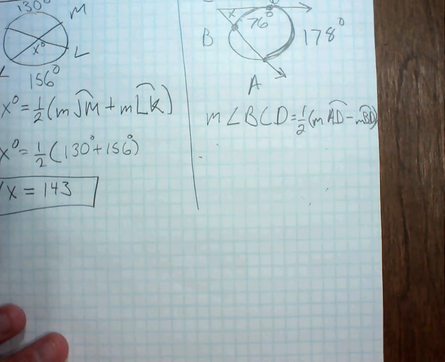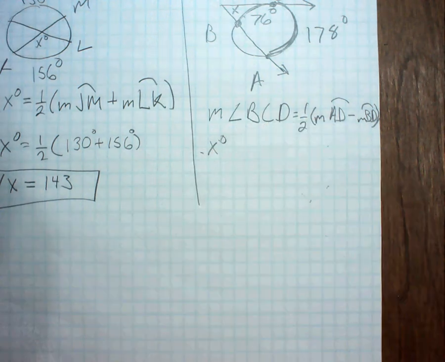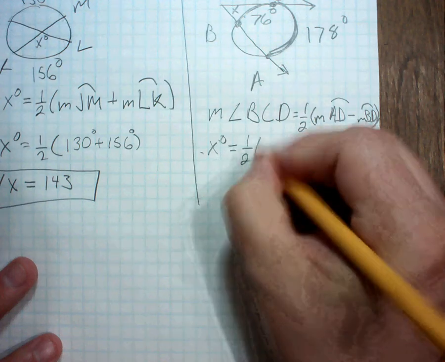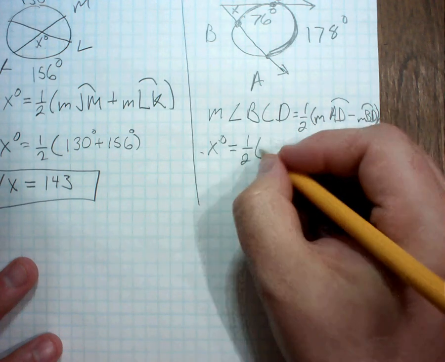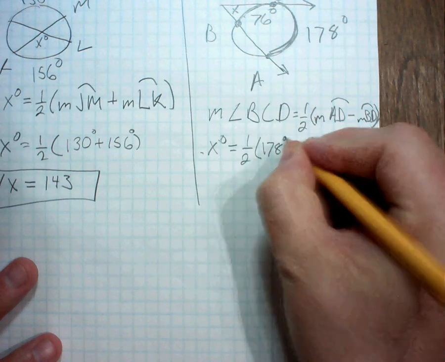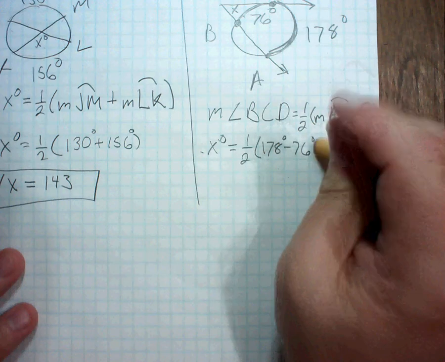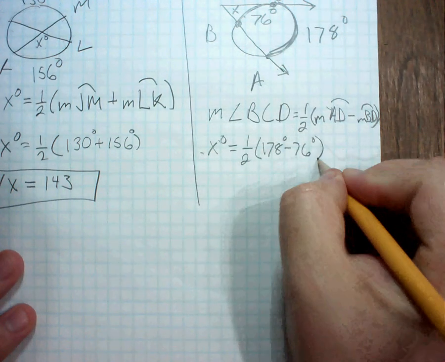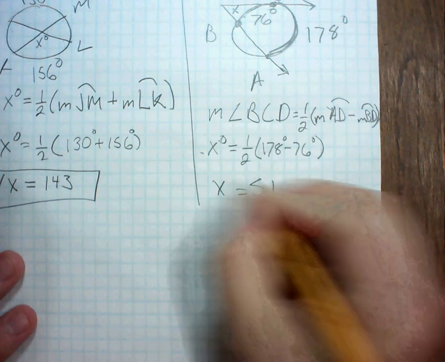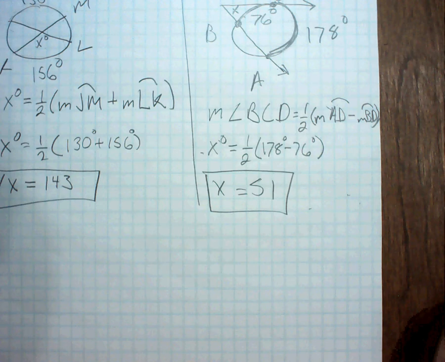Okay? So then that would mean that X degrees is equal to 1/2 times the quantity, 178 minus 76. And so X then would equal 51. And that's basically it.